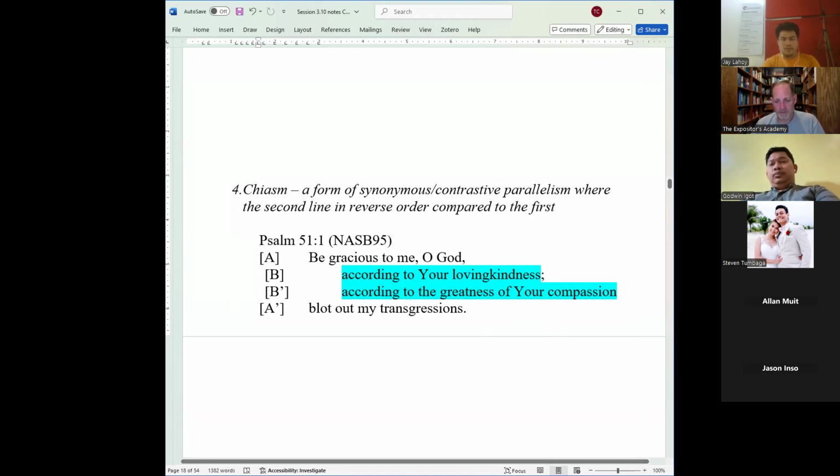He's really saying, God, according to your love, according to your compassion, show me grace, blot out my transgressions. So we would give the emphasis to those two according to lines.